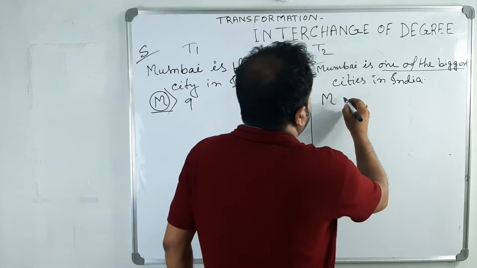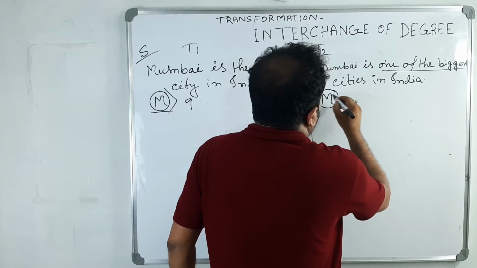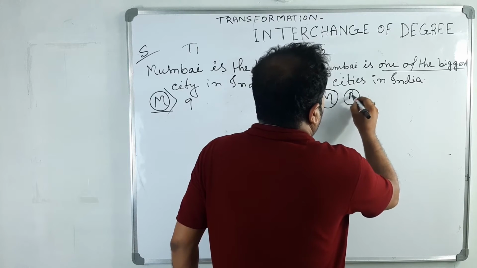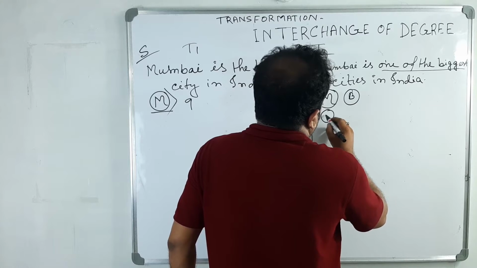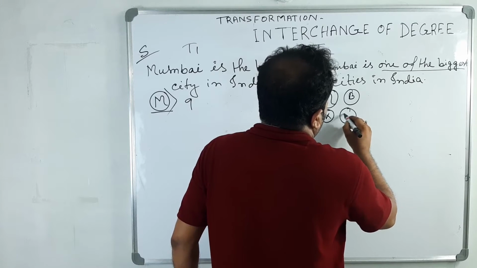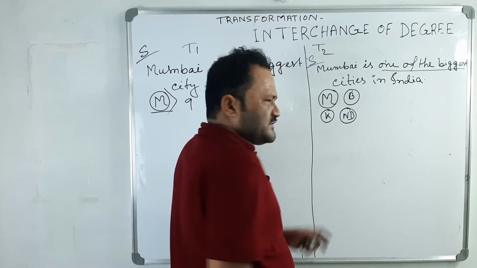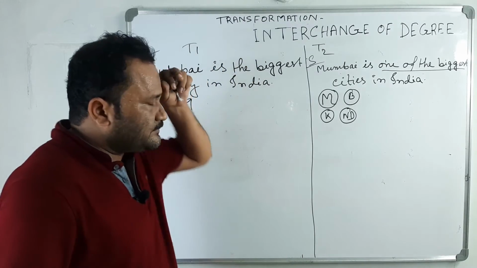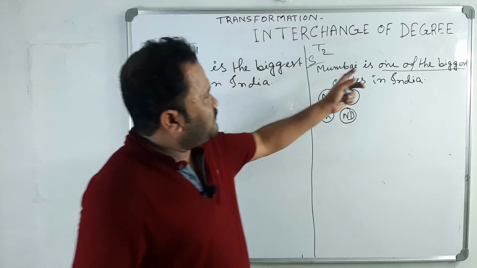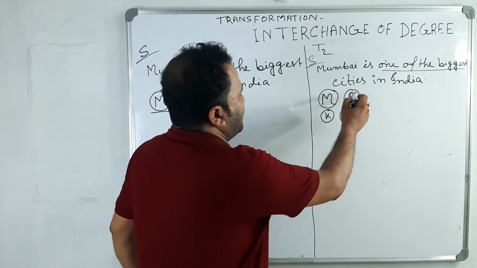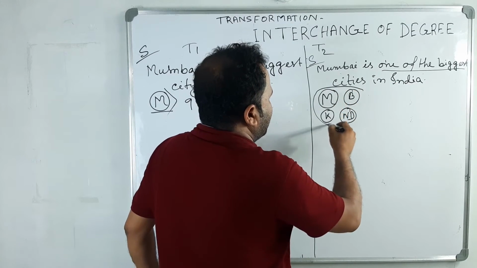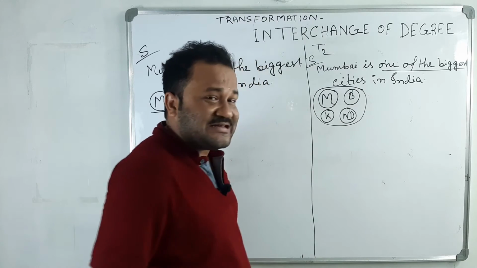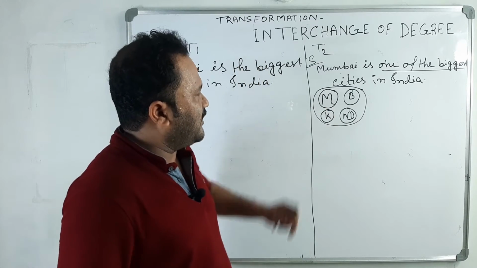So like Mumbai, there are a few other cities like Bangalore, like Kolkata, like New Delhi, like Chennai, all those cities. Just for example. So, Mumbai is one of the biggest cities.